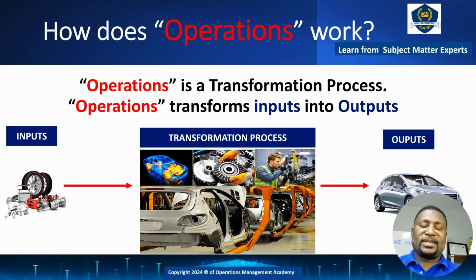In this example, what we see here is a transformation process that changes parts, puts them together, and builds a car. The input could be whatever the parts are, and then we have an assembly line that would put them together to get a car. So that's an example of operations.